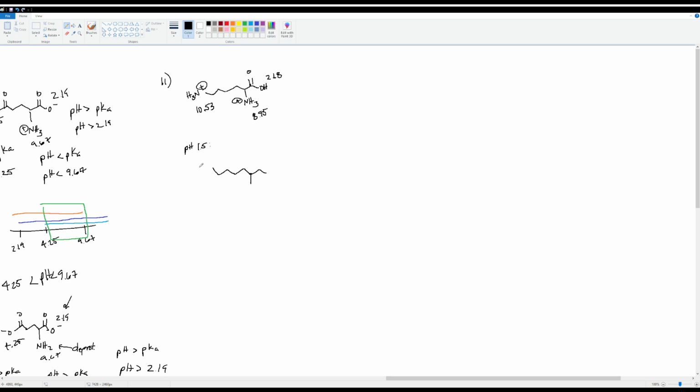Should be protonated. So that would be my R group. Okay, now we'll go to the amino group. pH 1.5 and pKa 8.95. Should my functional group be protonated or deprotonated?